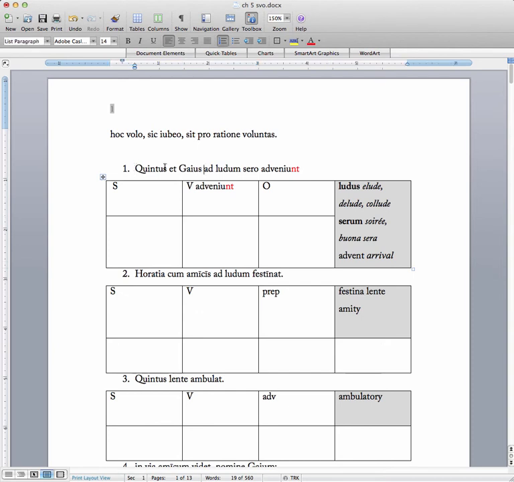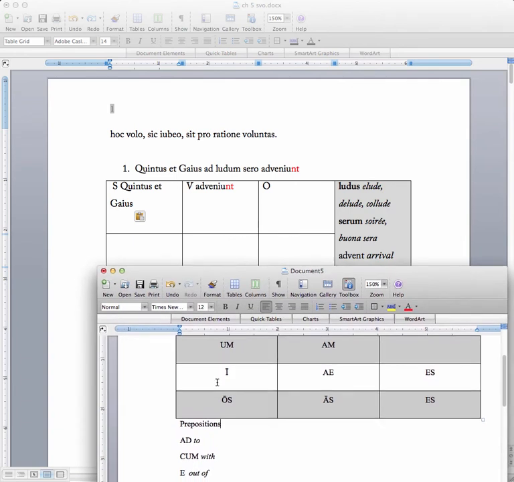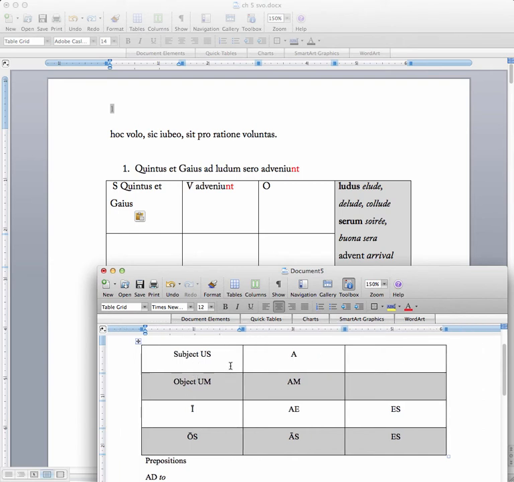there's a double subject, Quintus and Gaius. If you're wondering how I know that that's the subject, subjects are nominative. And here's just a little chart of the nominative and accusative cases, that is the subject form and the object form for the nouns you know.